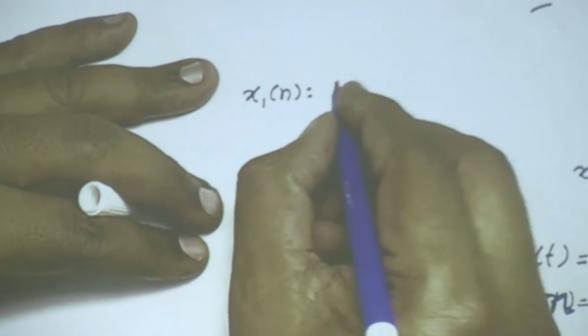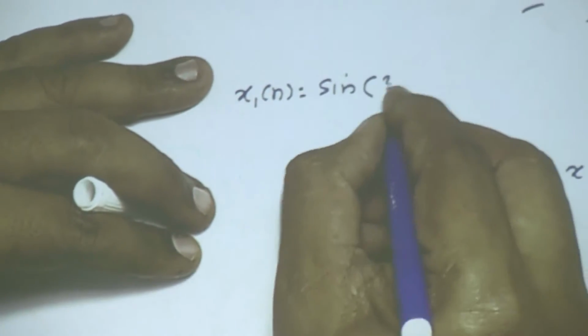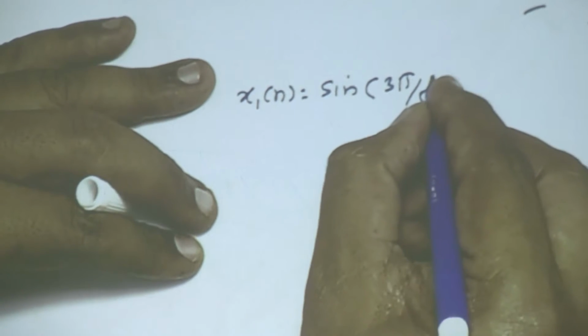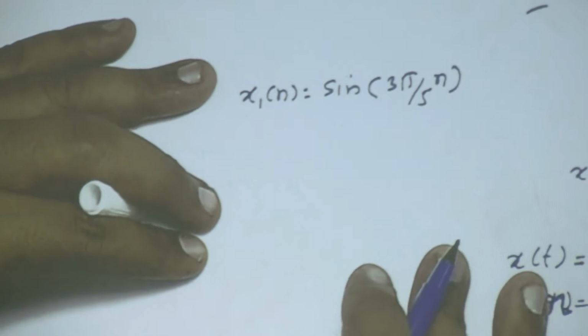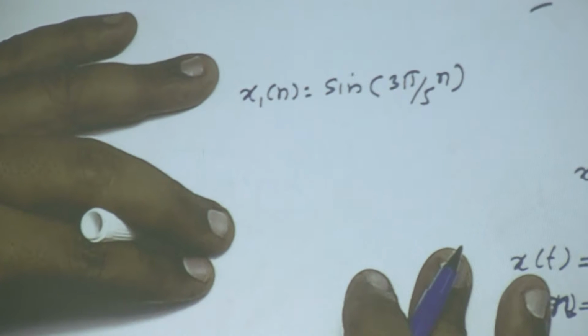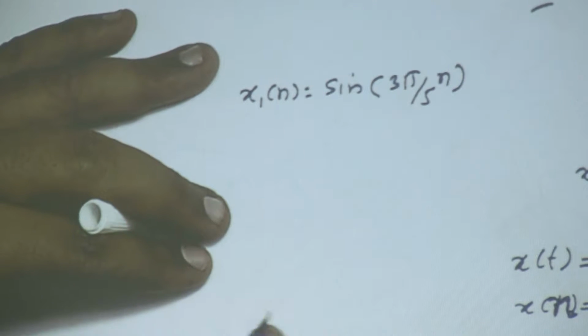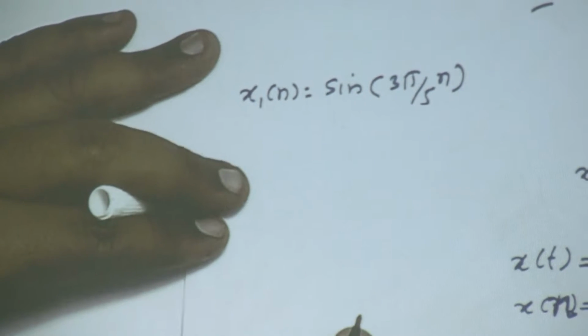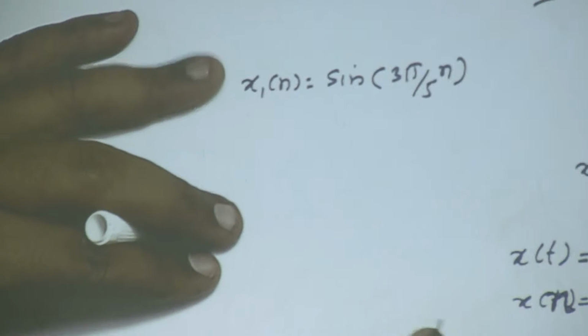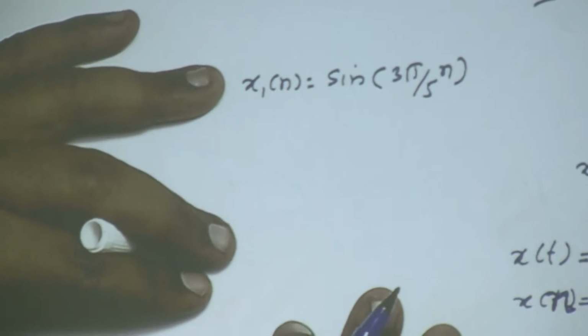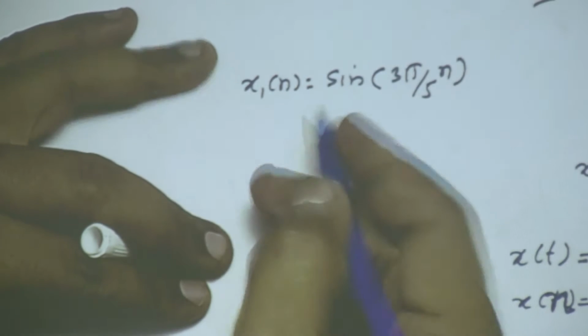But on the other hand, if I say x1 of n is equal to sine of 3 pi by 5 times n, is this a periodic signal? Is this a periodic sequence? We can check.